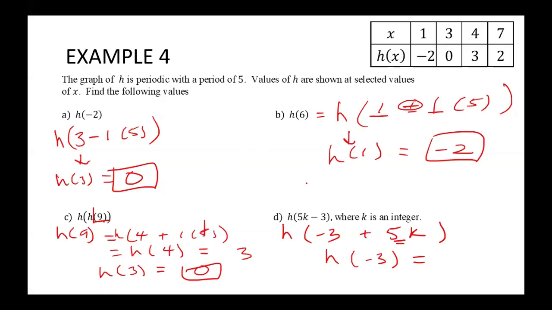There you go. So this is equivalent to h of 7 minus 5 times 2. Does that make sense? So the result is whatever h of 7 is. And what is h of 7? 2. Okay. All right. So we're going to finish up on this on Thursday.